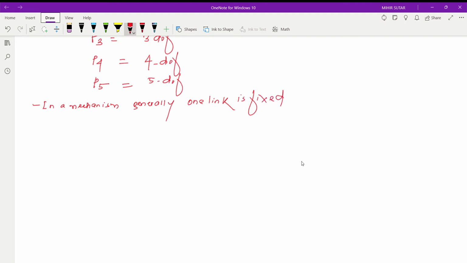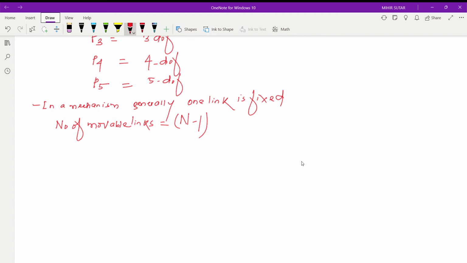So the number of movable links will be equal to n minus 1 always.